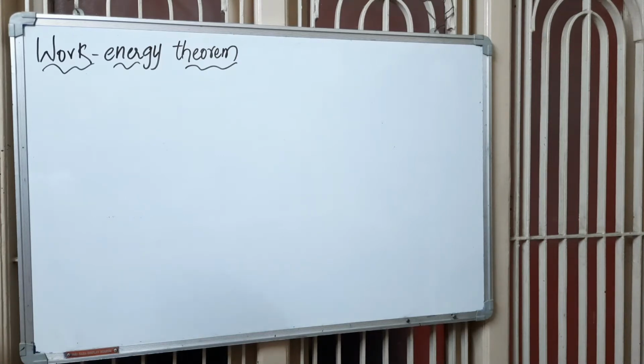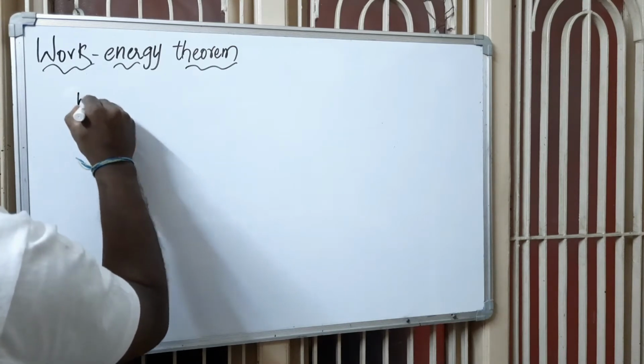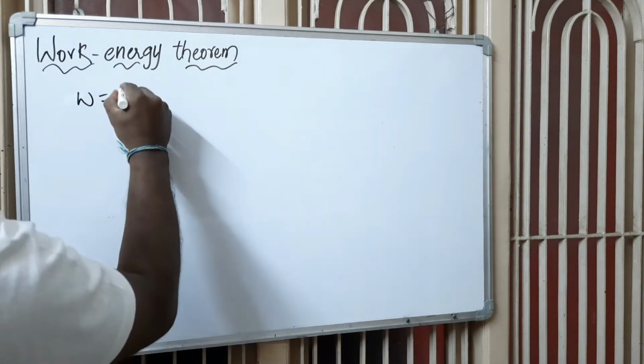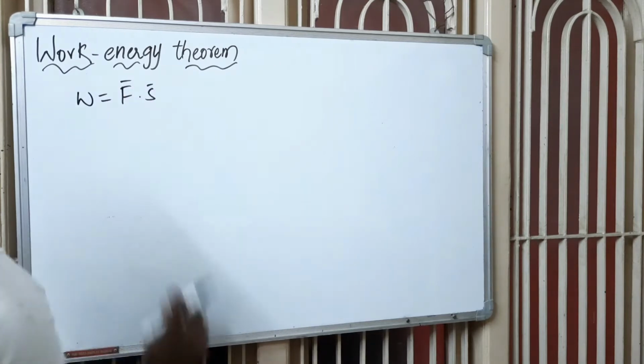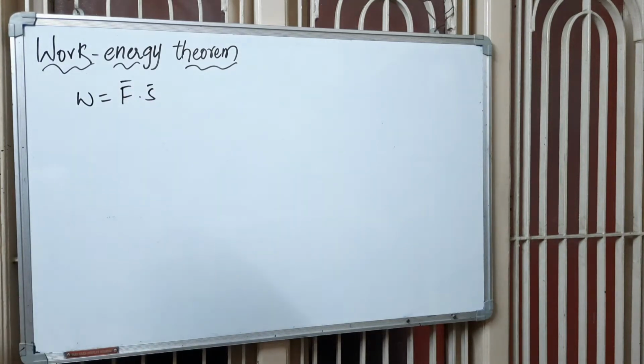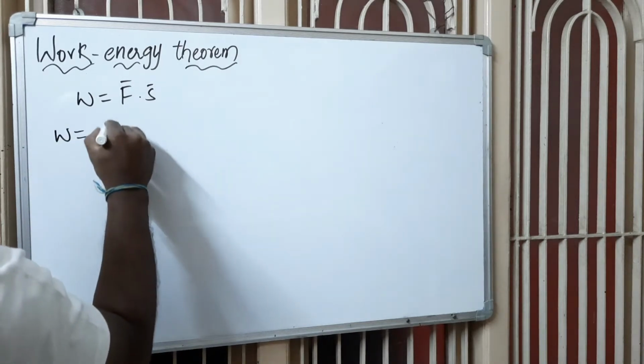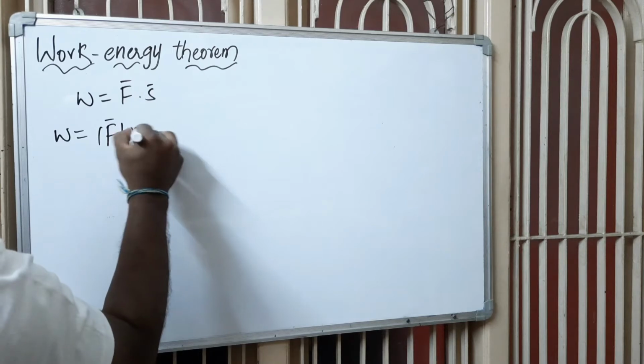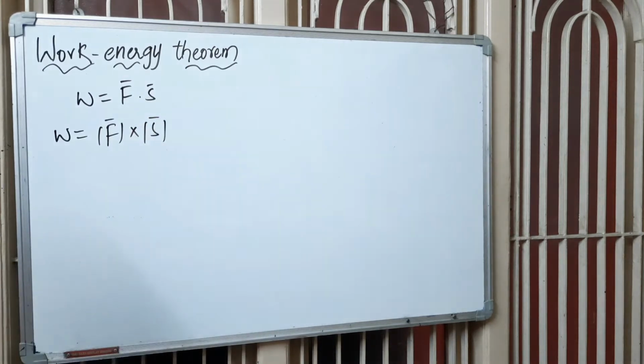Work done by a force is defined as the product of component of force in the direction of displacement and magnitude of displacement, which can be represented as W is equal to F dot S. When F and S are parallel, then W is equal to F S. If it is perpendicular, the work is zero.